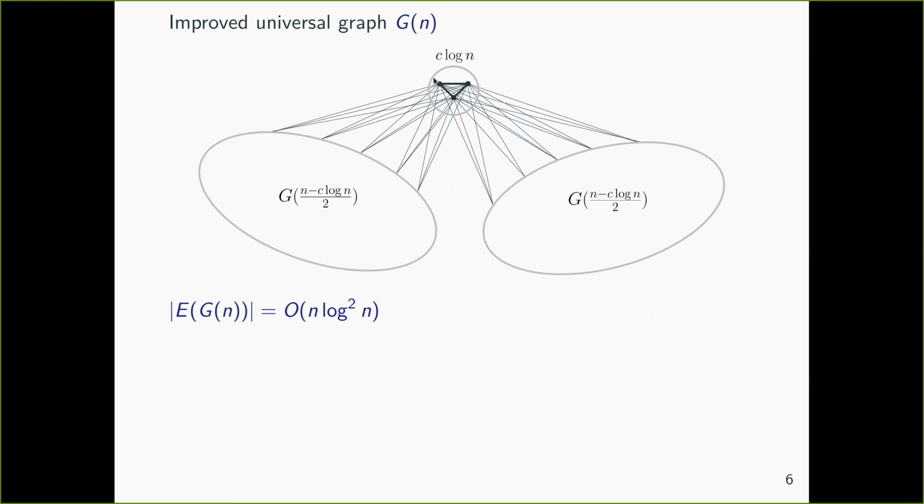It's n minus the size of this thing over 2. And then we put a construction for this number of vertices on each side. And notice that here, actually, this construction is really efficient in terms of number of vertices, because this universal graph has exactly n vertices. There is no blow up in the number of vertices. So it's a universal graph on n vertices for trees.